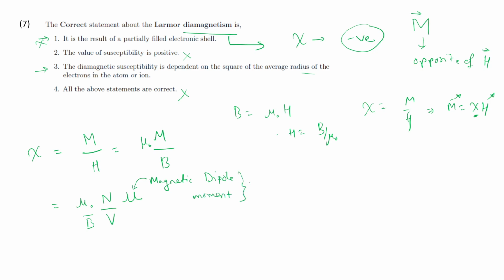So let us now find this magnetic dipole moment for a single atom. Here we have a certain magnetic field B along this direction, and the electrons are circulating the atom in a circular way at some radius r, let's say some average radius r.